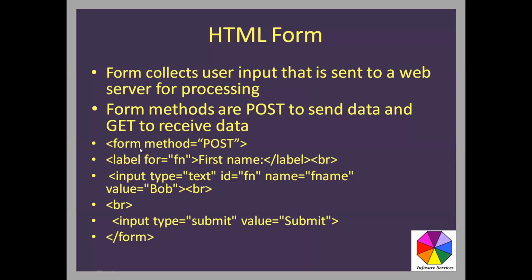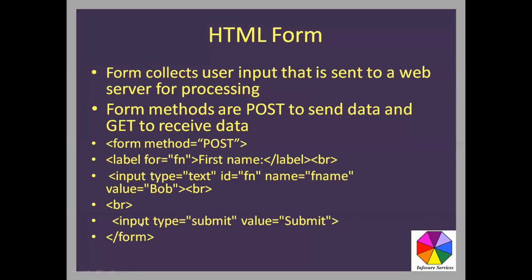So form method equal to post, label for first name, input type is text, and the field name is fname. There's a default value Bob inside it. And then we have a break row, and then it goes to the next line. One more break row is an empty line. This break is pushing it to the next line, and this break is pushing it to the following line.